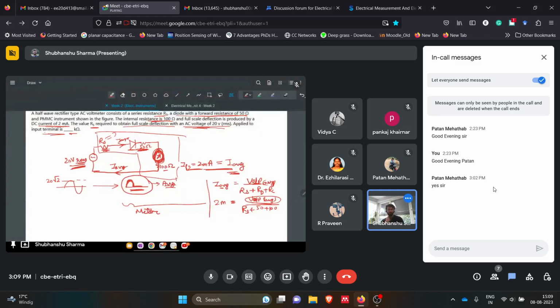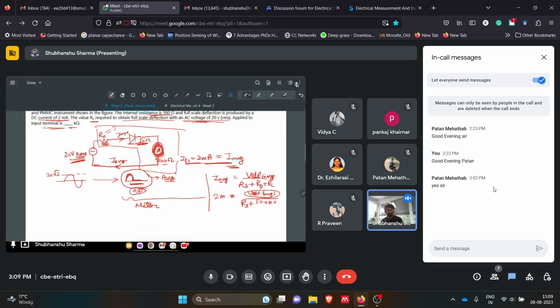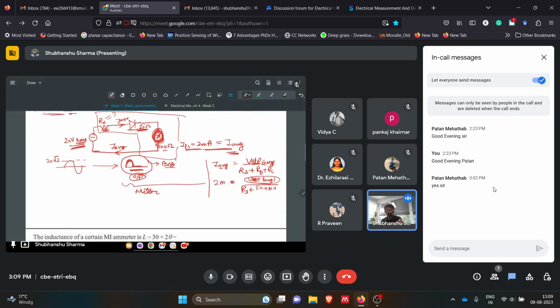What we have as output across this PMMC meter is this half wave rectified sinusoidal signal. So what is the average value of a half wave rectified sinusoidal signal? It is basically Vm by pi. Just look into that table and you will get to know. That's why that table is so important.